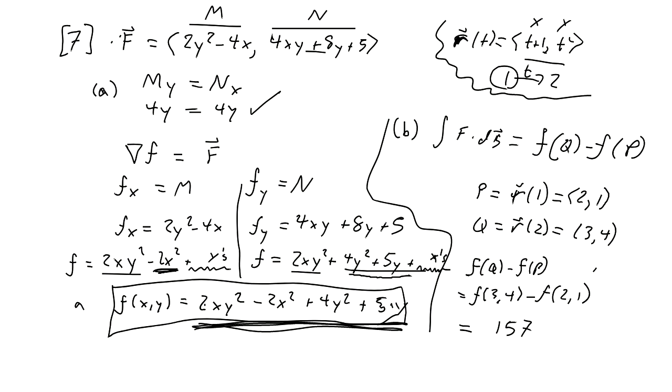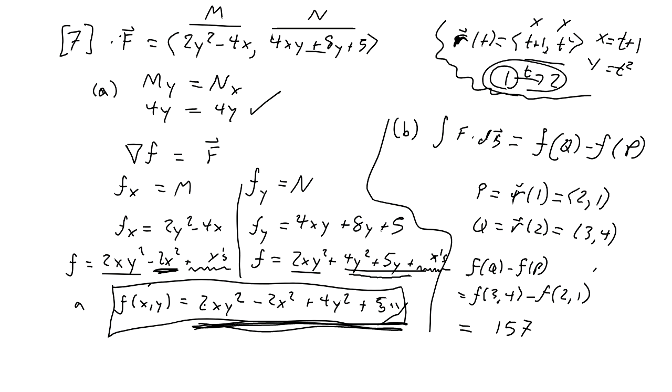So the way that you get from a particular time value to a point in the plane is by substituting into the parameterization. So remember, the parameterization is like saying x equals t plus 1 and y equals t squared. And your function is expecting x's and y's, not t's.